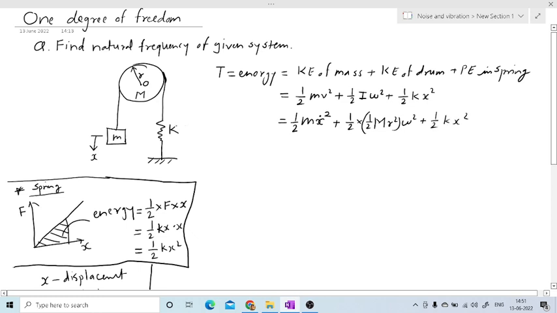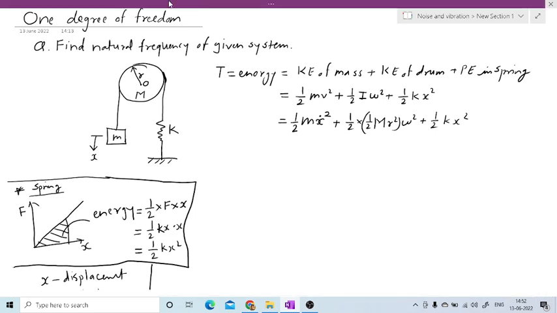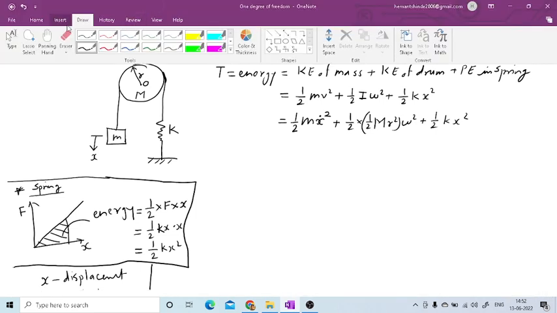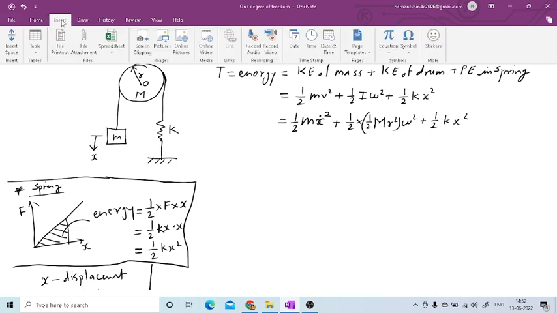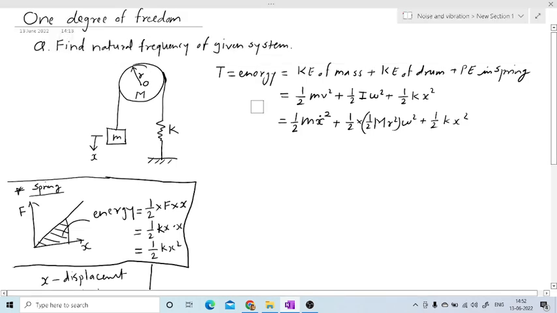Now in this problem you can see V is represented by x dot, so the omega will be represented in the angular. So when I am going to represent into angular, then the angular velocity is d theta by dt. Okay, so we will have to represent it by theta.